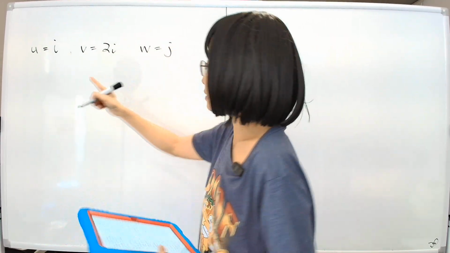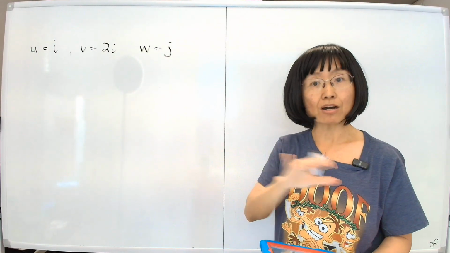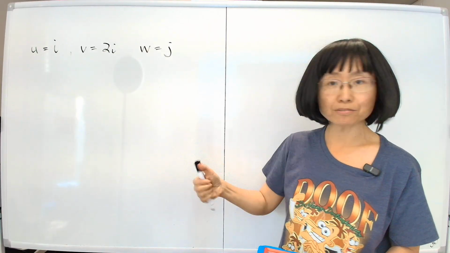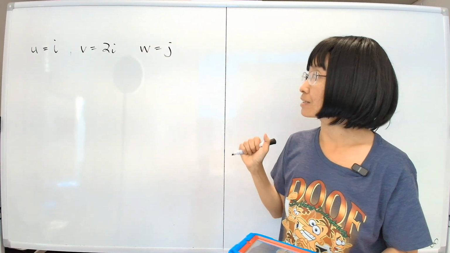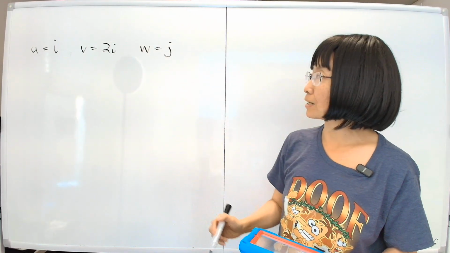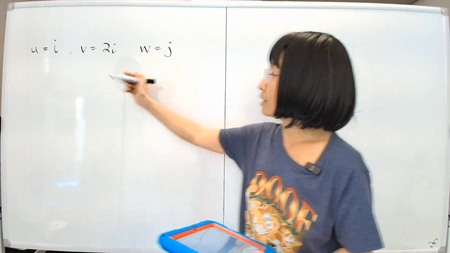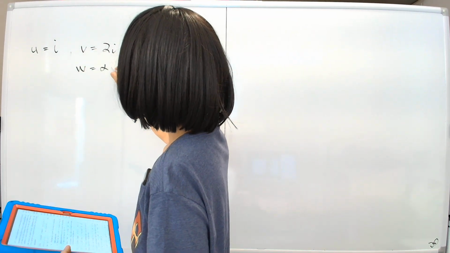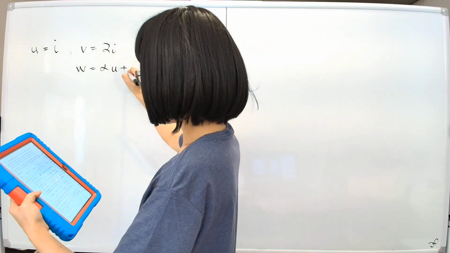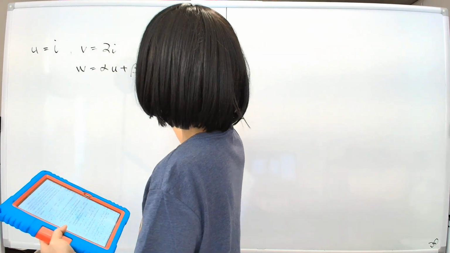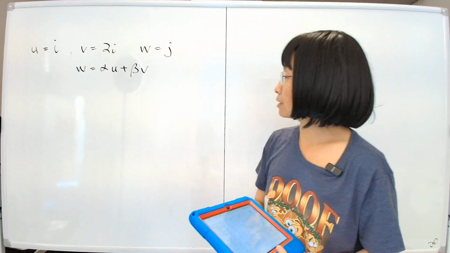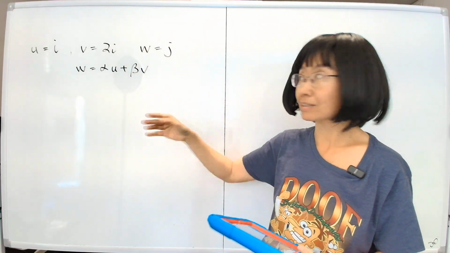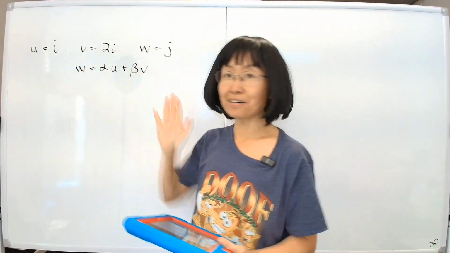Now in that case, u, v, and w are coplanar. They're all sitting on the xy plane. There's no z component, right? So they are definitely coplanar. Yet there is no way that you can write w as alpha u plus beta v. That is not possible because u and v are parallel. They're all going the same direction.